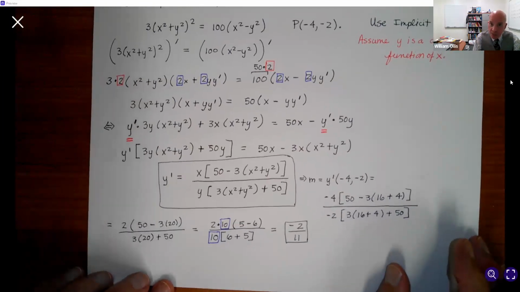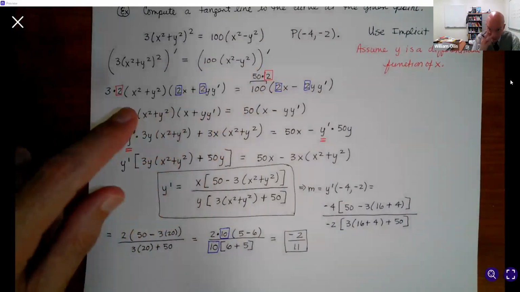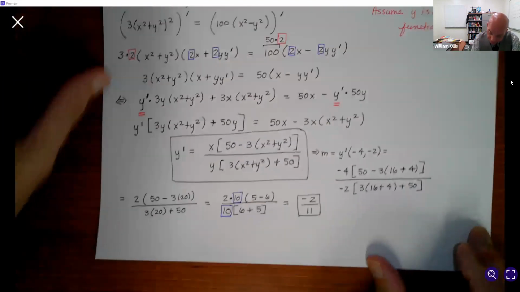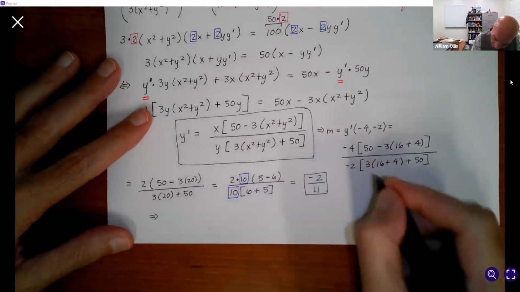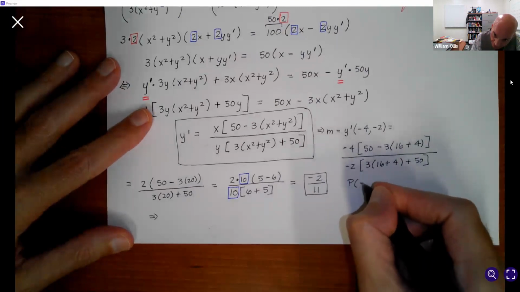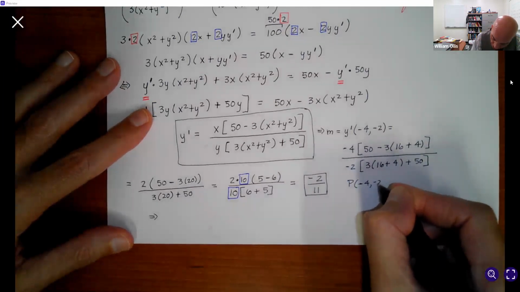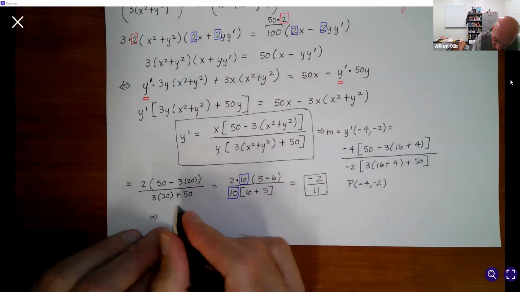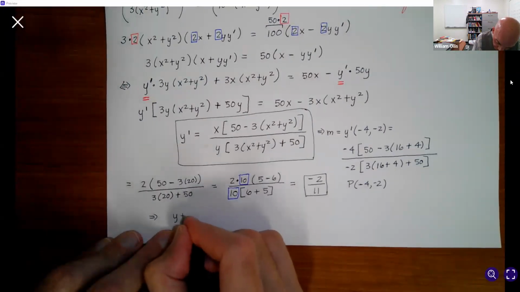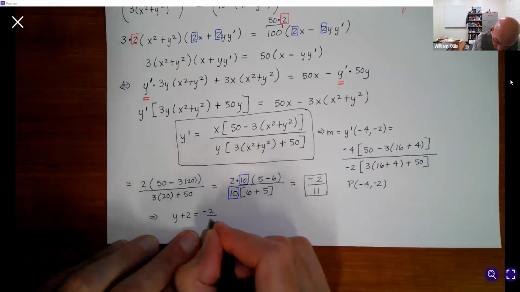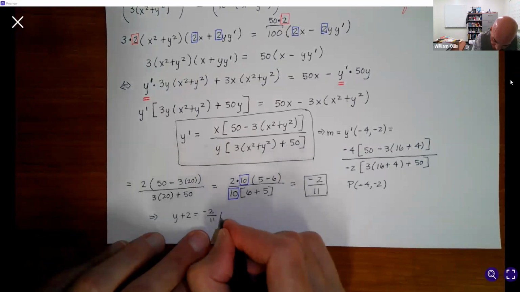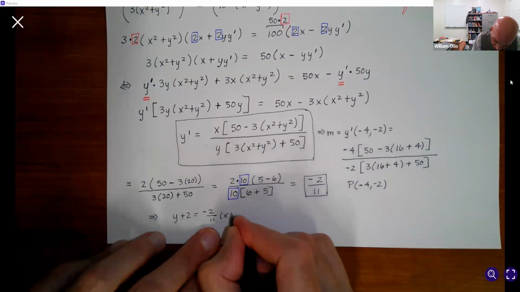of the tangent line to the curve at this point, and now we just put the point in and we're good. So point slope, we have, okay, let me just put the point over here, P(-4, -2). So this will be y plus a 2 equals -2 over 11 times x, of course, minus minus again, plus a 4.